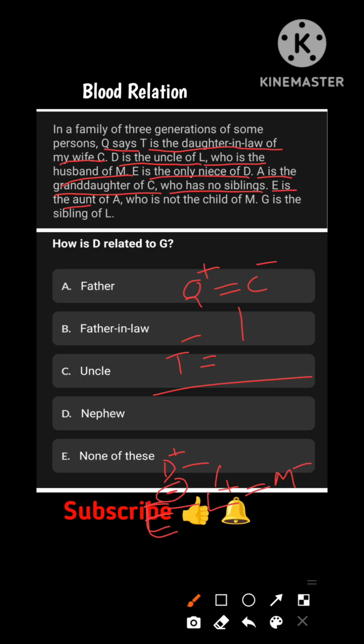E is the aunt of A, which means E has a sibling and the sibling's daughter is A.